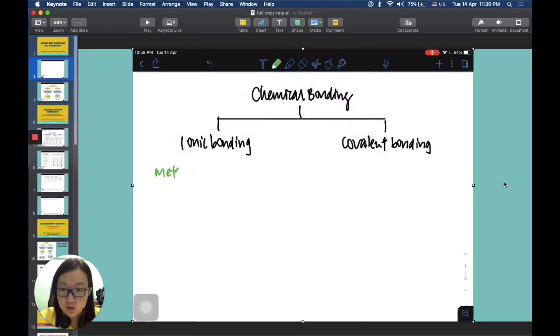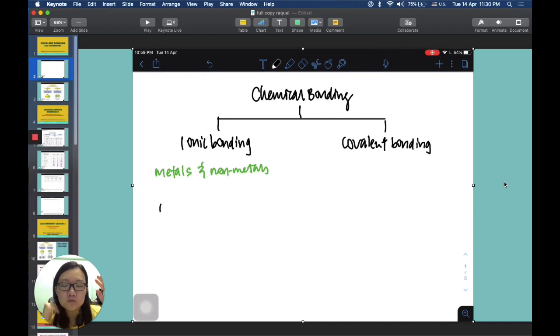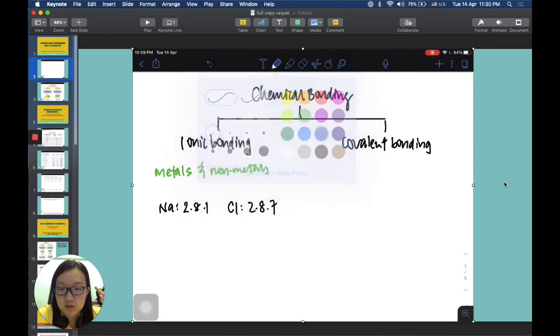Now, ionic bonding, the way to remember it is that it is formed between metals and non-metals. If you look at your periodic table, the metals are on the left side, and the non-metals are on the right side of the staircase. We always look back at the common examples that we talk about in class.